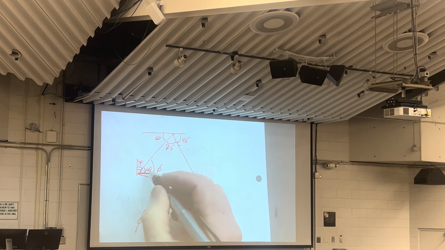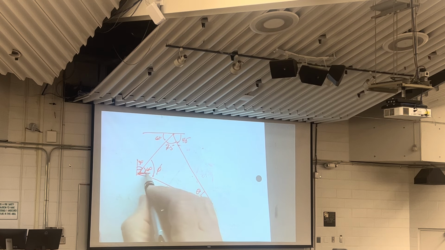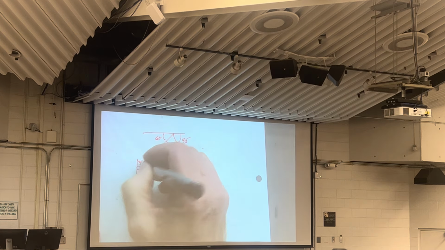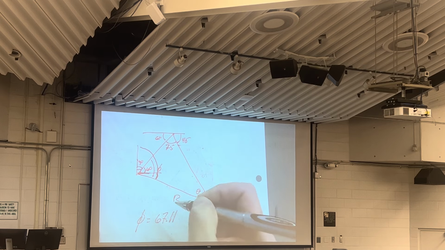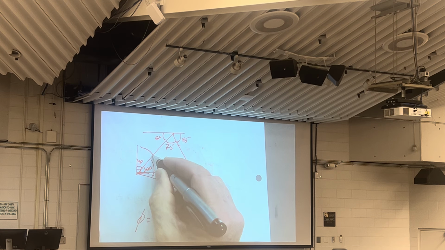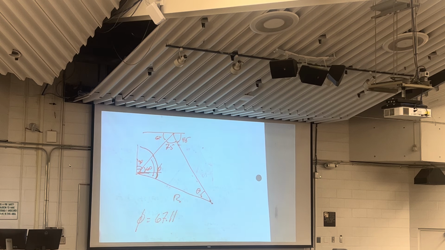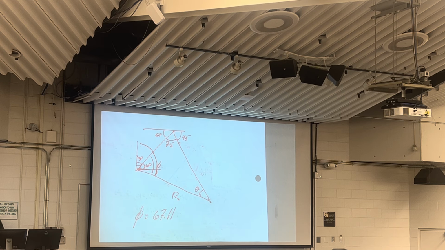So now I'm looking to find that angle. Well, that's 67 here, plus the 30, that's 97.11. Right? You didn't see that. Well, now you should hopefully see it.